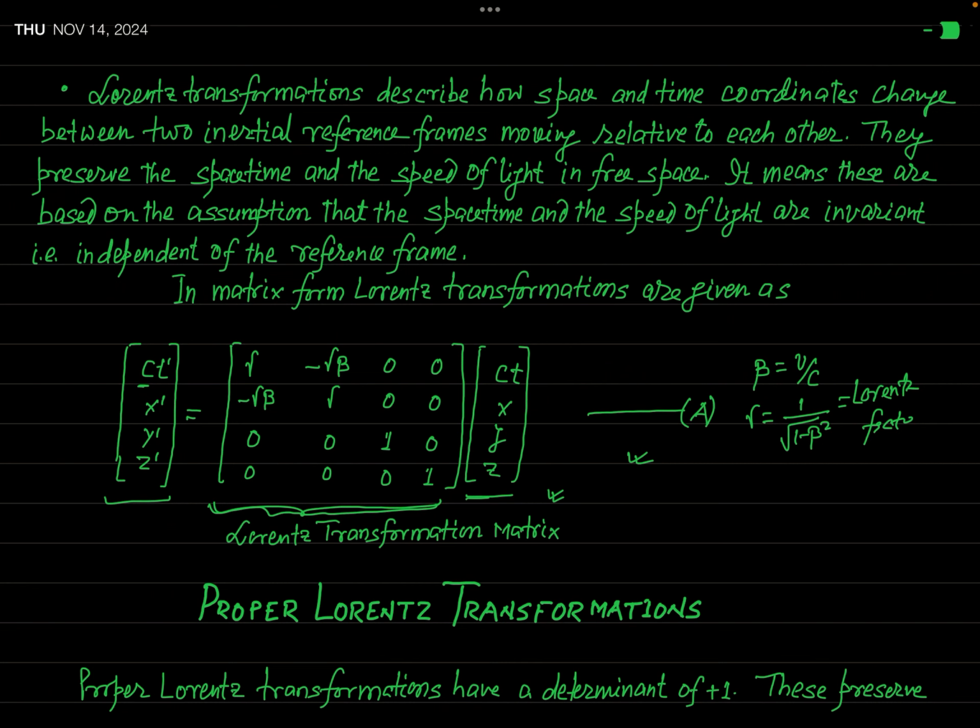Proper Lorentz transformations are defined as transformations having determinant equal to plus 1. Mark this. Those Lorentz transformations whose determinant is plus 1 are called proper Lorentz transformations.